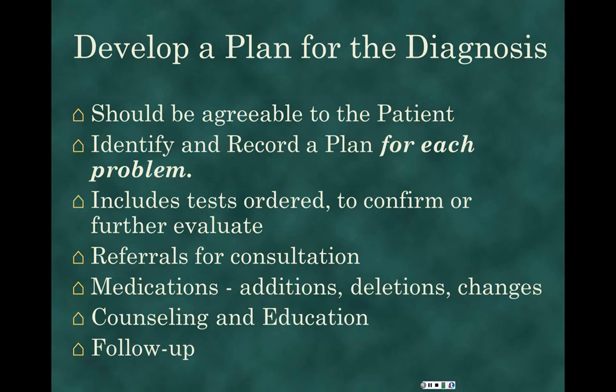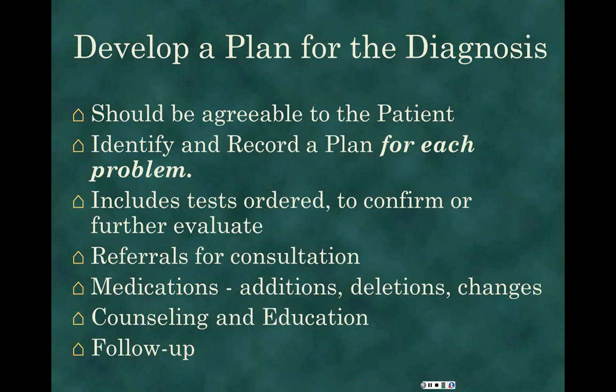You're going to identify and record this plan for each problem. Now, some of you worked with me in the Women's Health Day. Others of you worked with the other instructors. The one thing that I hope you learned was that when you develop a diagnosis, and patients may have several diagnoses, you always want to have a corresponding plan for each of those diagnoses. What are you going to do about each one of those?